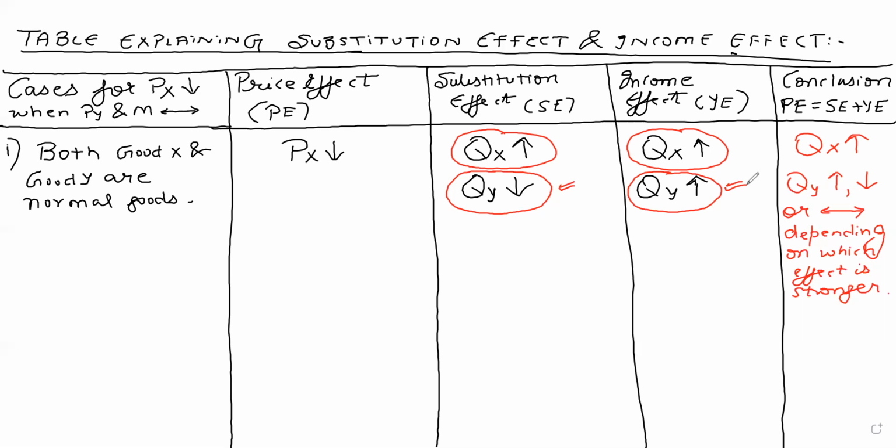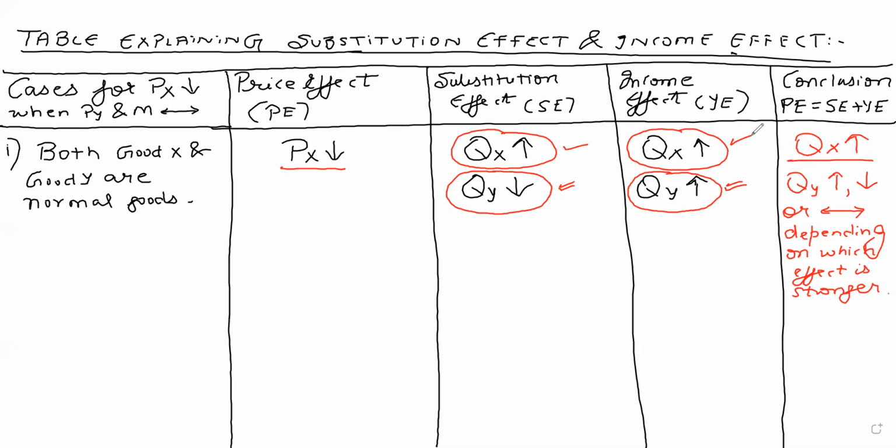Clear? So I hope all students are clear with the first case. So you can see unambiguously Qx will rise. That means when Px falls, Qx will rise by substitution effect also, Qx will rise by income effect also.